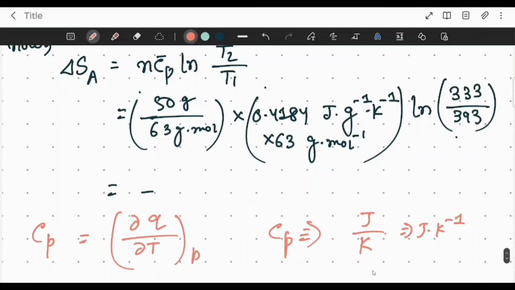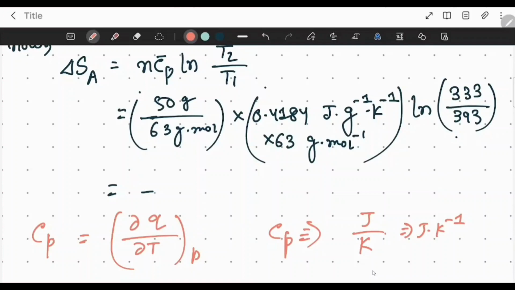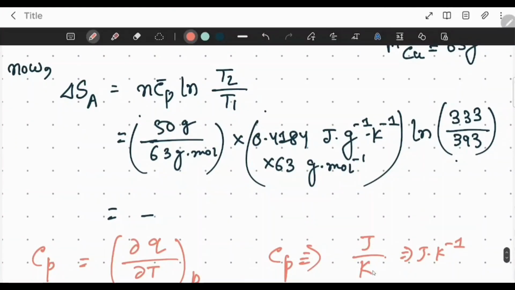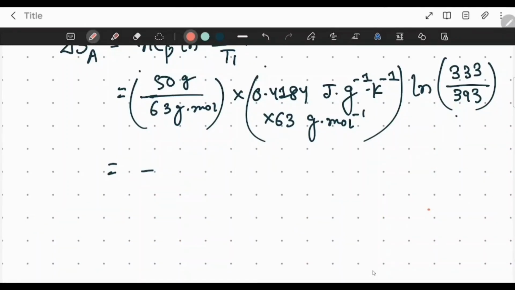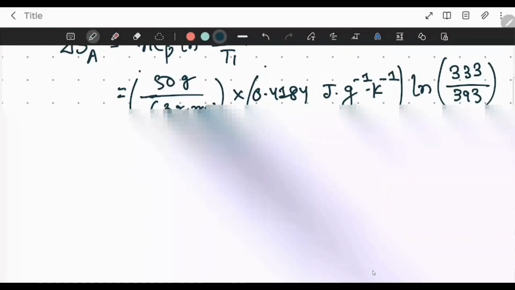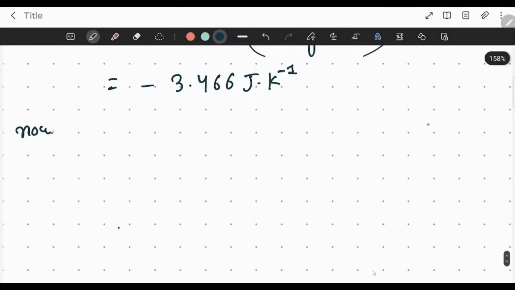Now you are considering the number of moles, n number of moles, so here we have to consider the Cp bar, that is the molar heat capacity. Cp bar will be Cp into 63, because this Cp is for 1 gram and we know for 1 mole there is 63 gram of copper. So it is multiplied with 63 and this value is eventually 3.466 joule per Kelvin. So now what will be del S B?